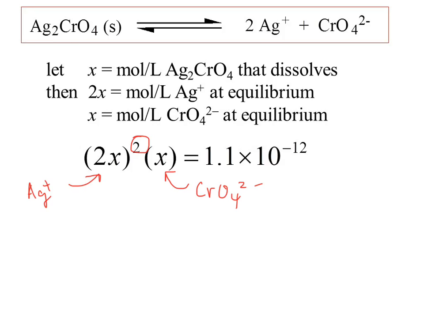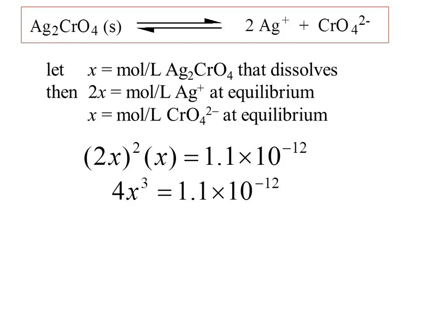All right, so now we don't have to use the quadratic again, right? Because this is going to work. But make sure that you apply that 2 through your quantity 2x. Of course, that would make 4x squared, right? 2x quantity squared is 4x squared. 4x squared times x is 4x cubed.